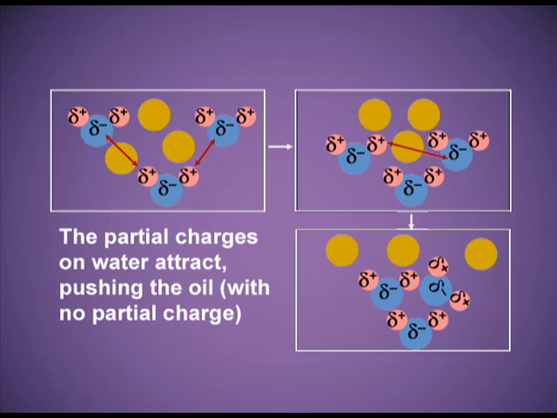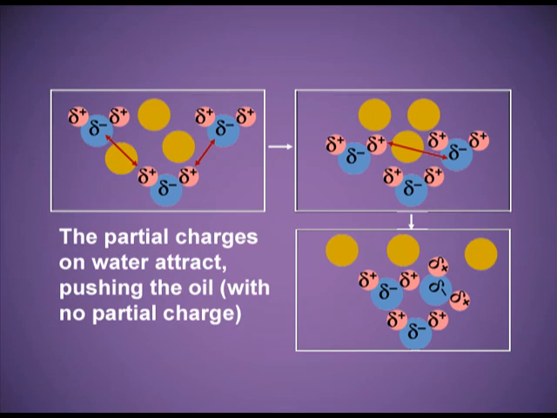What happens actually is there is attraction between the opposite charges. Hydrogen has the positive charge and oxygen has the negative charge. Now you can see that slowly the oil droplets are coming out of the water molecules, and the water molecules are making a separate layer and the oil droplets are making a separate layer.